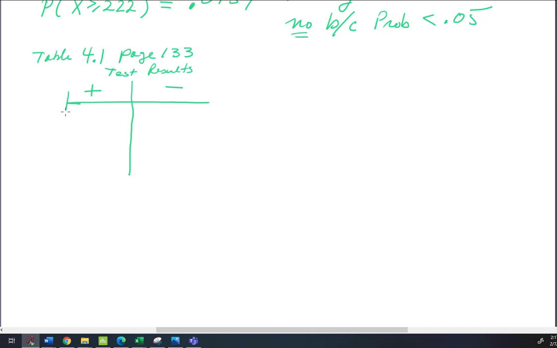And then on the left-hand margin, let's suppose that these are the actual, I don't know if I can write sideways here. Not too bad. Actually, you're a user or not a drug user.